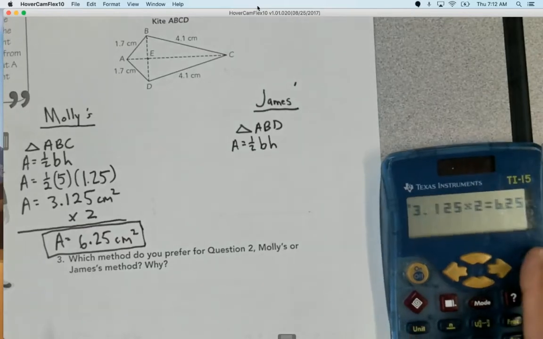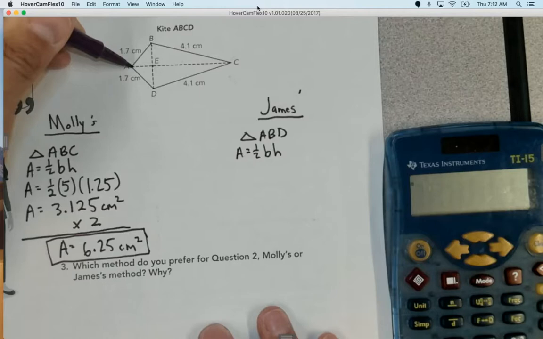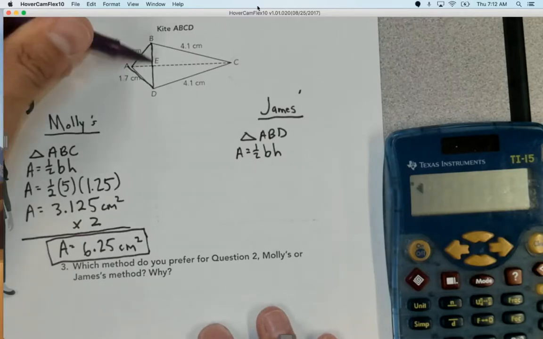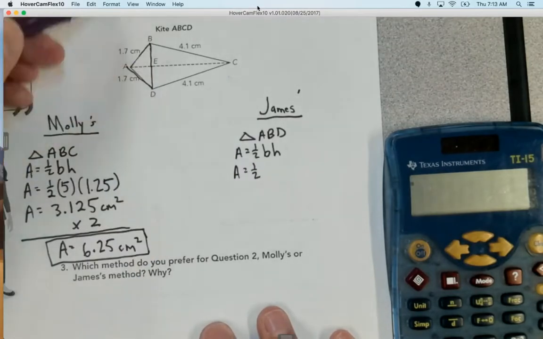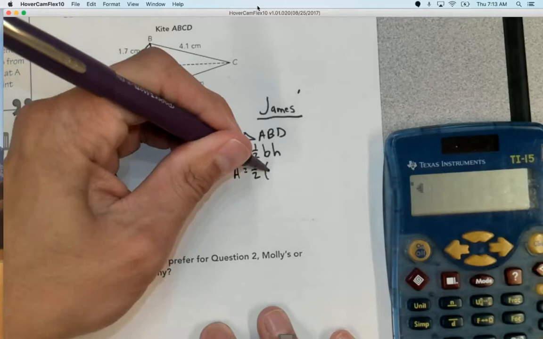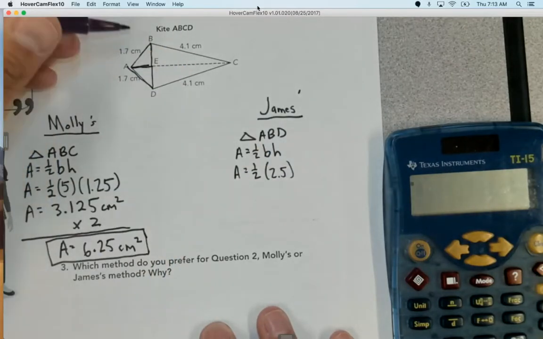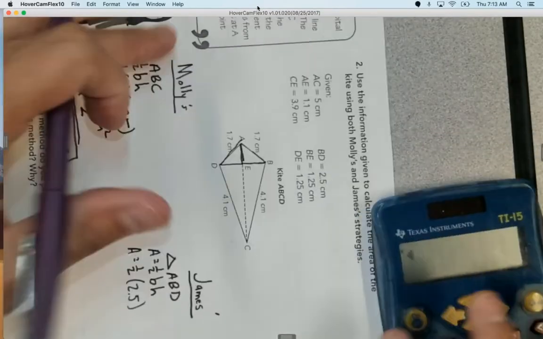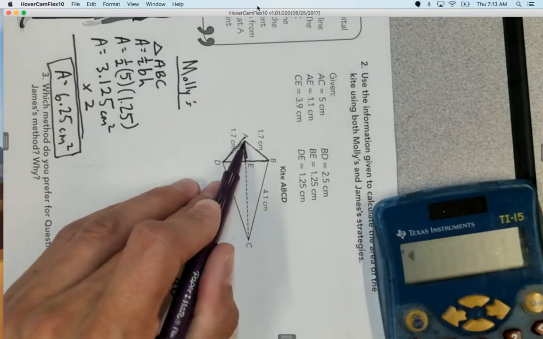Now, James had 2 triangles like this. He had A, B, D, so this triangle's first. And for this triangle, BD is the base. And so 1/2 and the base, and I look for BD, and it's 2.5. And then the height of this one is AE right here. So it's kind of like we turn this triangle around, so it's like this. And the base is BD, and then the height is perpendicular to that, and it's AE.